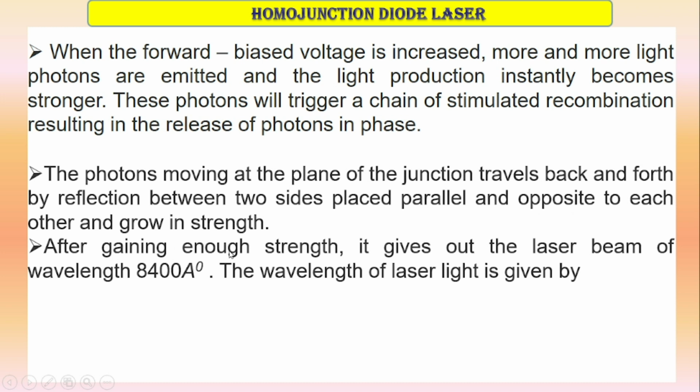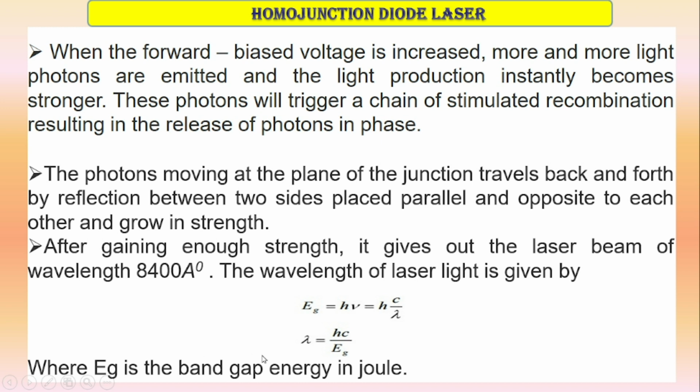After gaining enough strength, it gives out the laser beam of wavelength 8400 angstrom, and the wavelength of laser light is given by Eg = hν, and we can write ν as c/λ. Therefore, λ = hc/Eg, and with the help of this formula, we can find the wavelength of the laser beam emitted by the homojunction diode laser. Here Eg is the band gap energy, which is in joules.